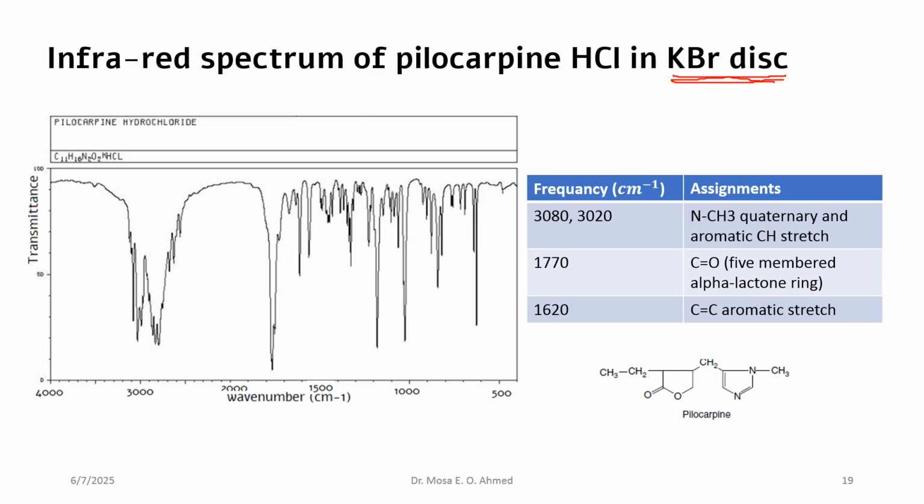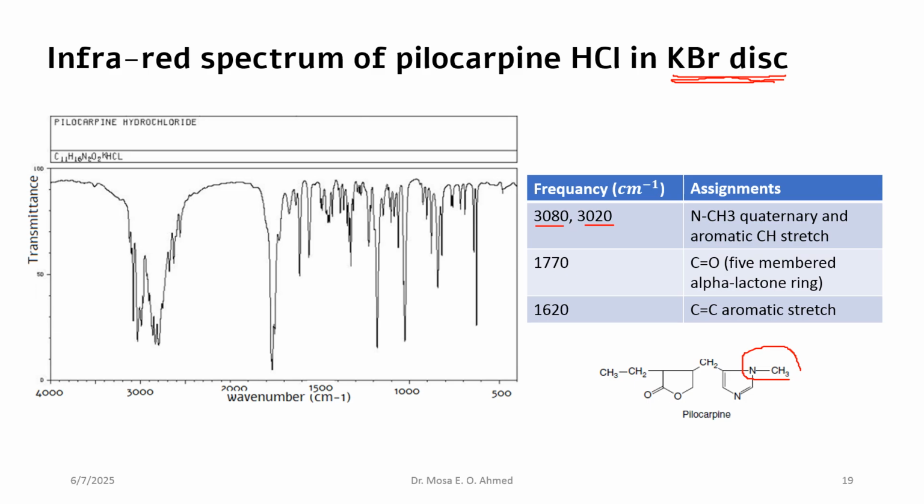the molecule of pilocarpine hydrochloride has NCH3 frequency in the range of 3080 and 3020 centimeter minus 1. This region is for CH3 and this functional group, and also for aromatic stretch.